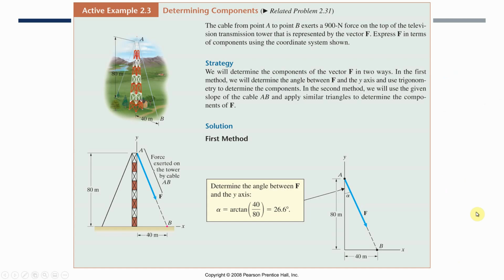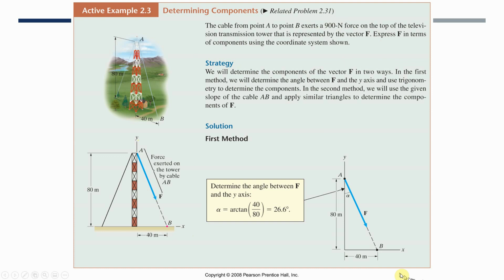Okay. Here's an example. Cables: the force in a cable, in a rope, is directed along the cable, by the way. That's kind of a neat rule. So we want to know the components of F in two different ways. The total force is 900 newtons.